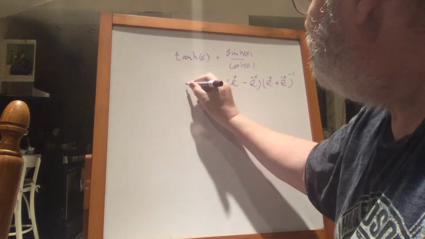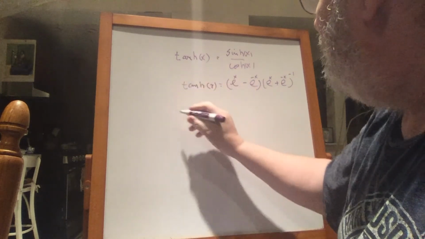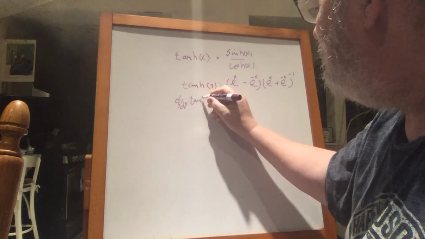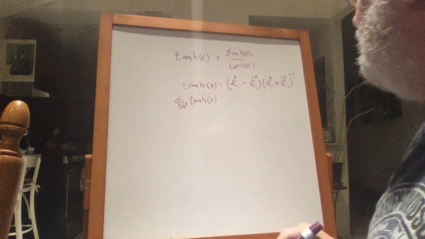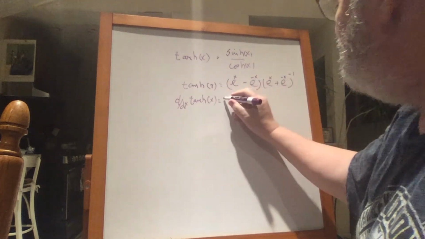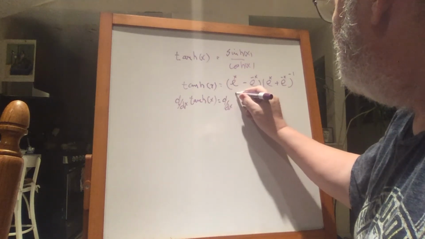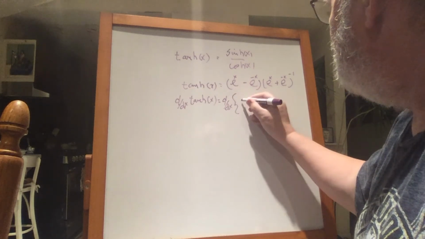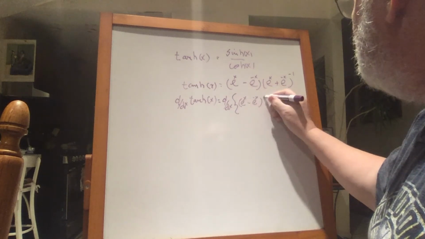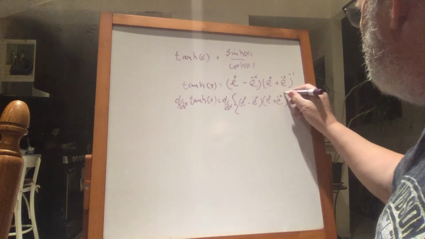So if we go d/dx of hyperbolic tangent x, it equals d/dx of e to the x minus e to the minus x times e to the x plus e to the minus x to the negative 1.